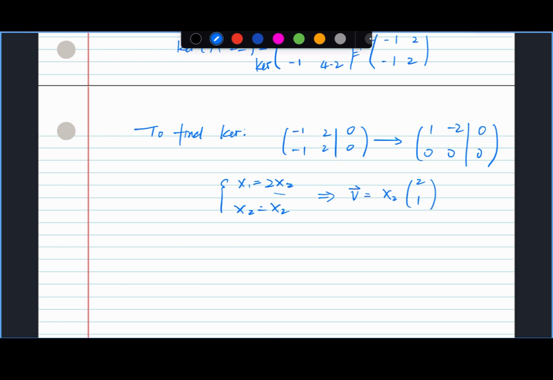Yes, x1 equals 2x2. So in this case, we say the eigenspace for the eigenvalue 2 is the span of [2, 1].